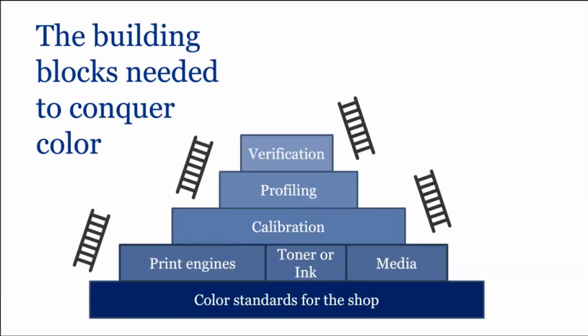And kind of the high end of process control is verification of the color. It's kind of a new area in our realm, but it is something that is certainly very, very important. And if you do all that well, you pass, you get great color.